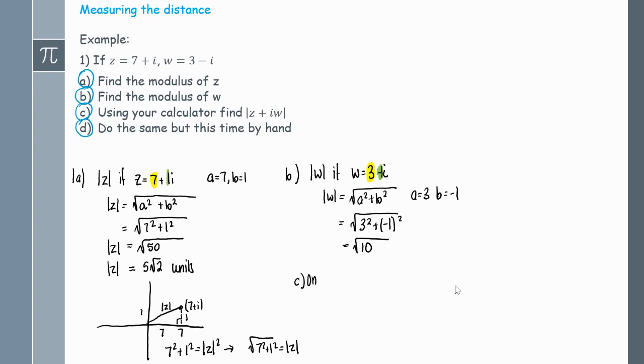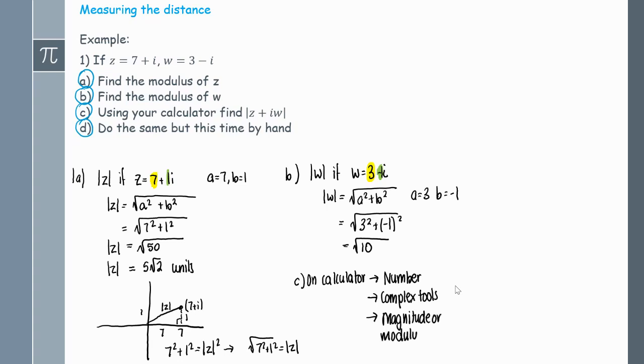Question C is just in there to help you use your calculator. If you are asked to use your calculator to find the modulus of z plus iw, what you can do on a CAS calculator is go to your normal calculator settings, then go menu, number. From here, find complex tools. I think it's down the bottom. And there should be a button either called magnitude or modulus.